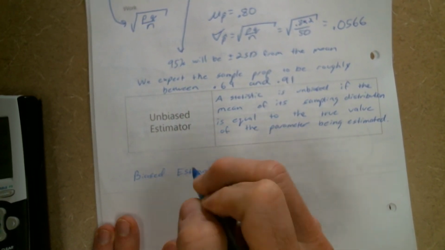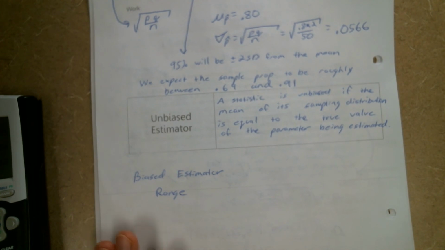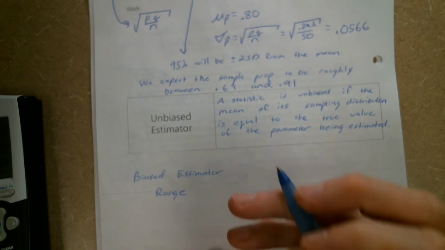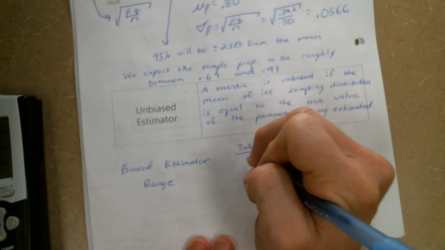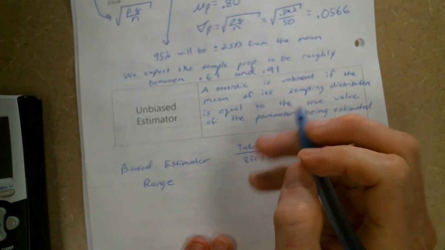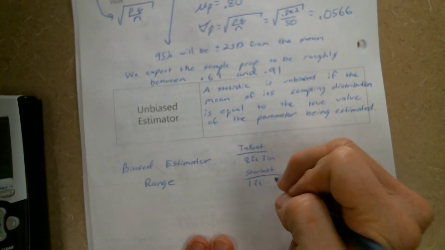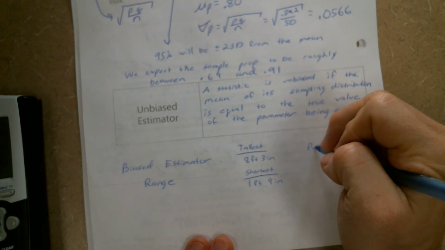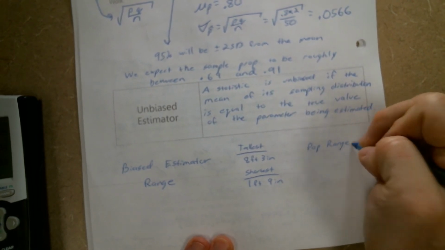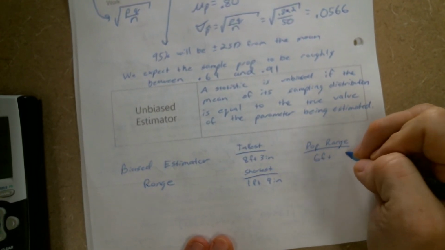So what's an example of a biased estimator? Well, something like the range is a biased estimator, and here's why. Imagine if we were trying to calculate the range of the human population. At last check, the tallest person was 8 feet 3 inches, and the shortest person was 1 foot 9 inches, which means the population range, or the population parameter, is 6 feet 6 inches.